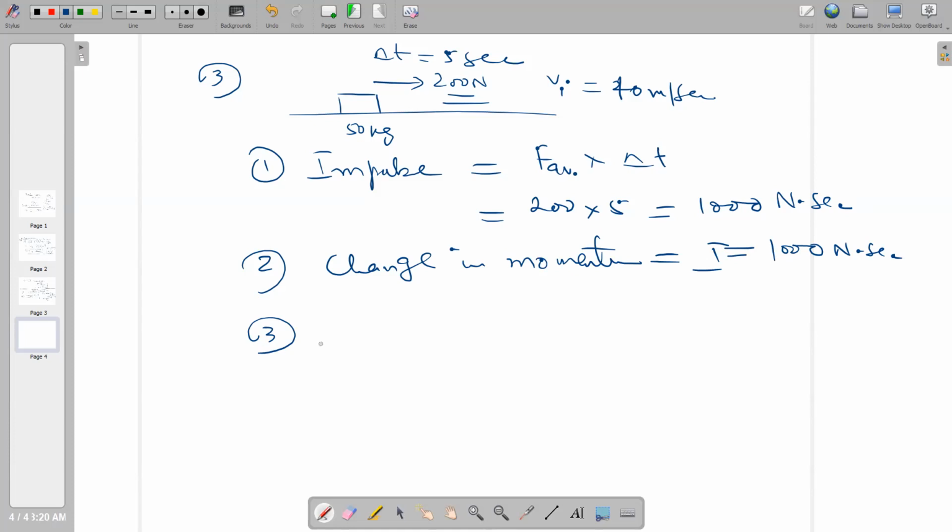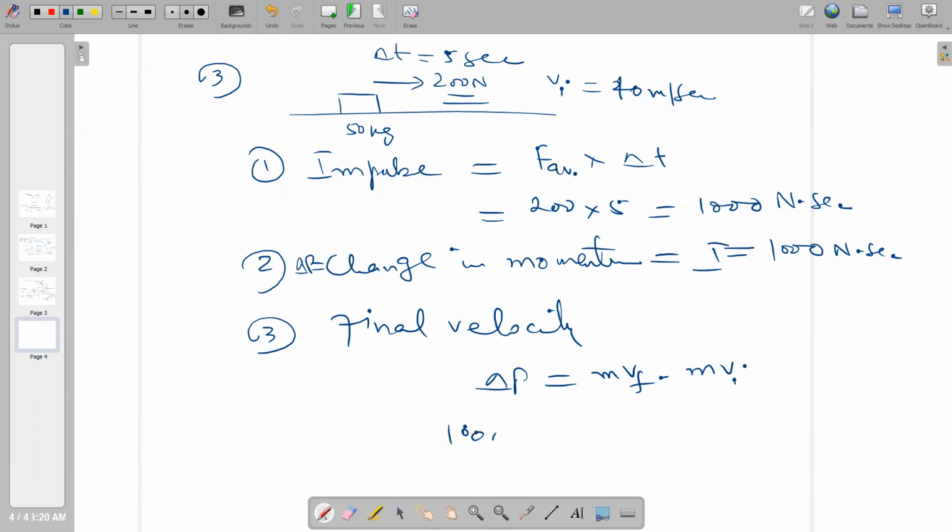If you want to find the final momentum, before that I am writing here, find the final velocity. So delta P is equal to mvf minus mvi. This is the formula. We know change in momentum is equal to I, or delta P, the same thing. So you can put here 1000, which is equal to m times vf minus vi, with m common. M is given as 50 kg.